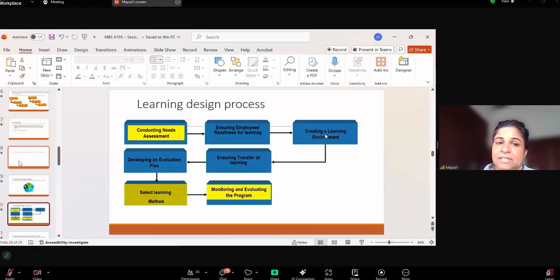But LNA, learning need assessment, learning methods, and how you assess the effectiveness of the learning program you deliver, and what tools we can use. These 3 steps will be discussed thoroughly, learned in depth, and tested in your examination. So kindly highlight them and make a note: these 3 will be tested, okay?